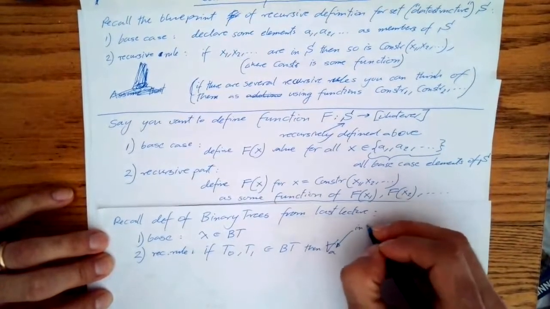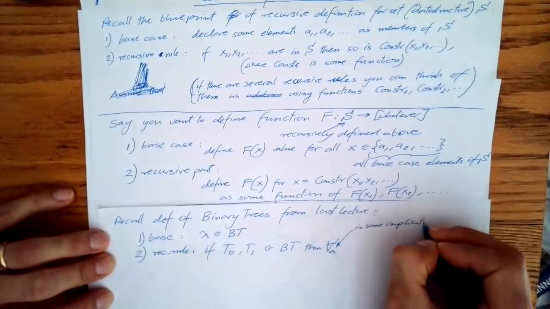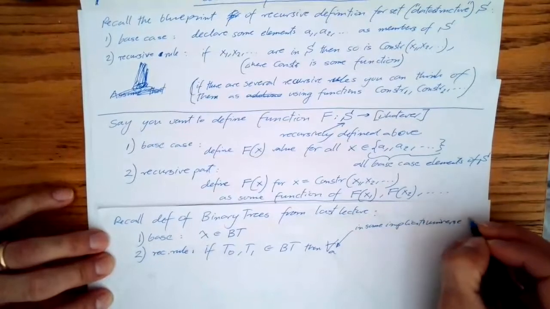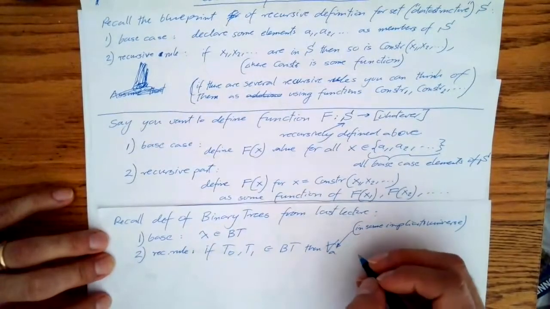and this is in some implicit universe, because I can have tree of bits, tree of bytes, tree of strings, tree of whatever.